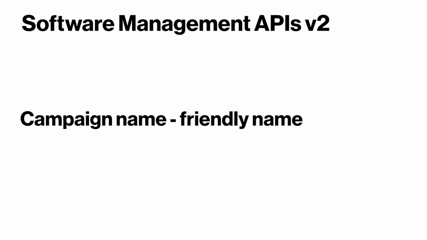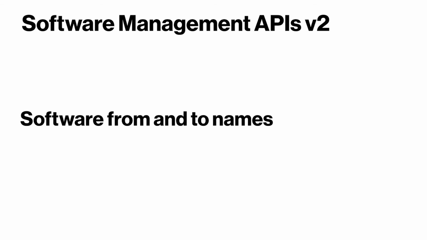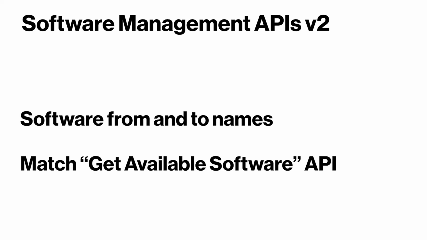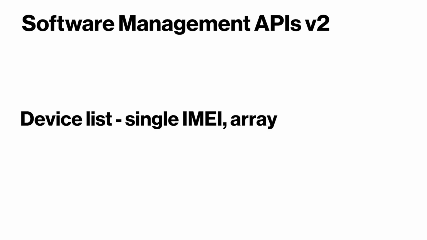You can assign whatever value you like to the campaign name. The software from and to names, however, should match verbatim their intended software that you received when you made the Get Available Software API call. The device list can either be a single IMEI or an array.